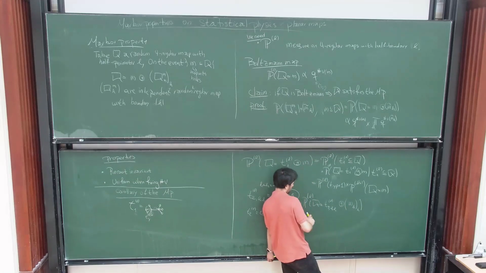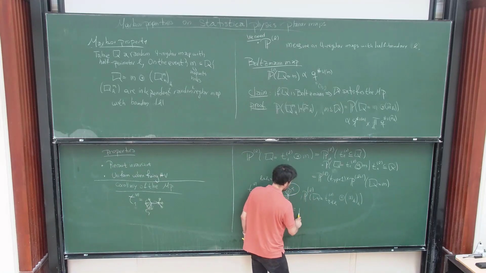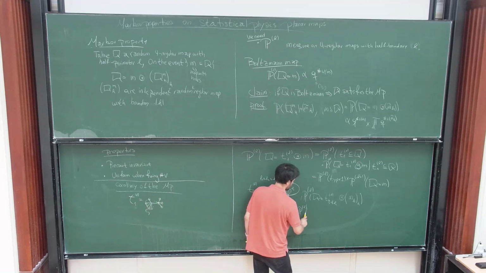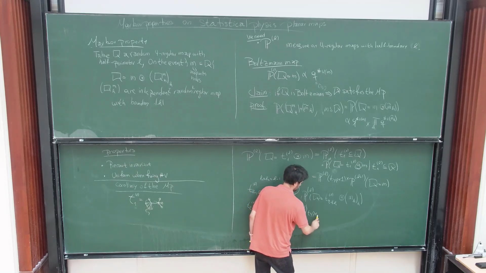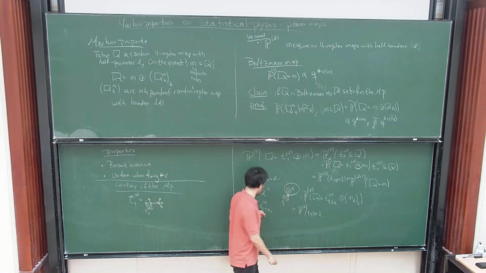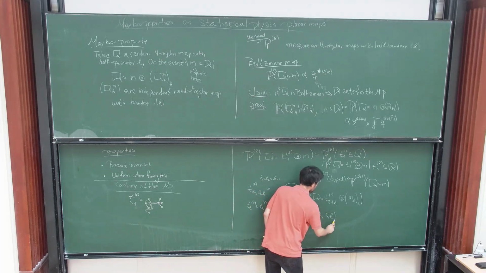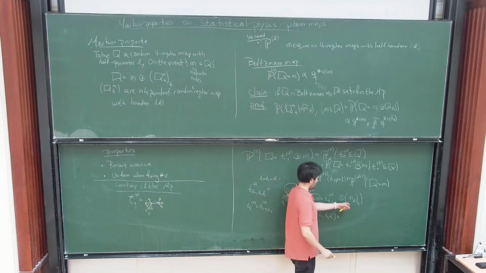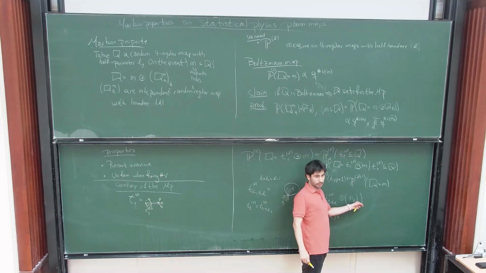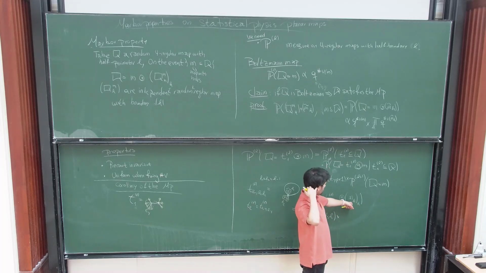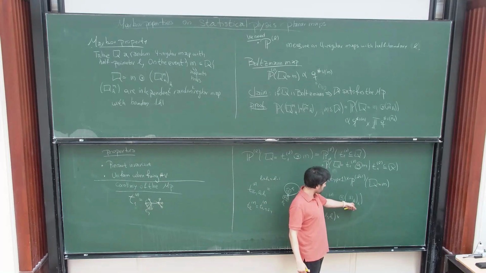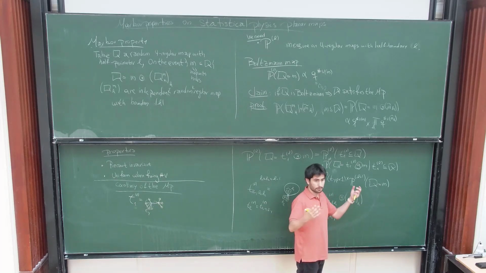So by doing the same computation, it will be the probability of doing a type 2, meaning that this thing is contained, of L1 and L2, times, well, I have 2 independent Boltzmann maps, each one with different boundary lengths.